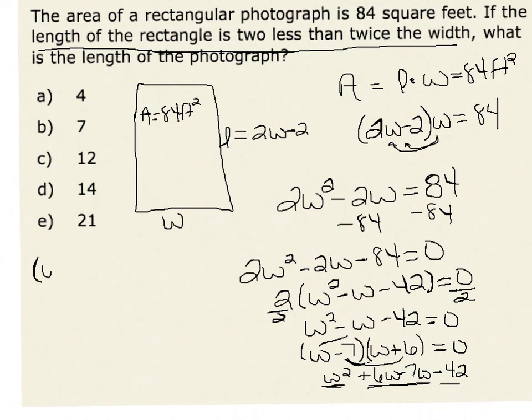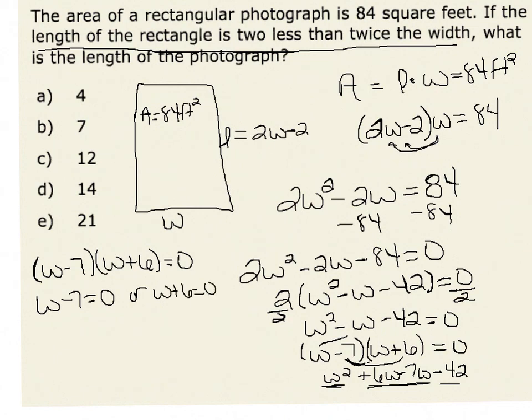So now I have 2 terms multiplied together, and that product is equal to 0. That tells me that either my first factor, W minus 7, is equal to 0, or my second factor, W plus 6, is equal to 0. Solving for W minus 7 is equal to 0 gives us a width of 7, or 7 feet.